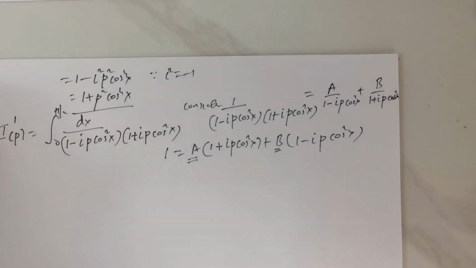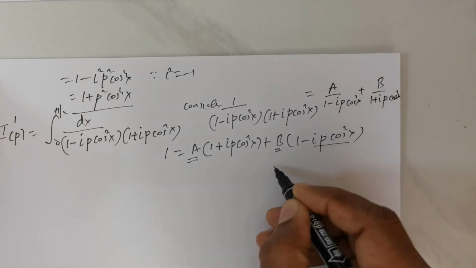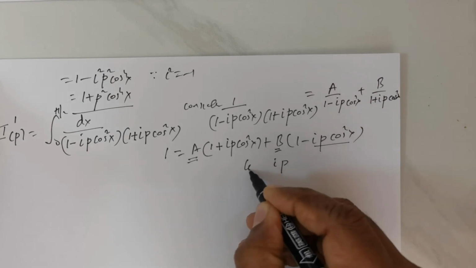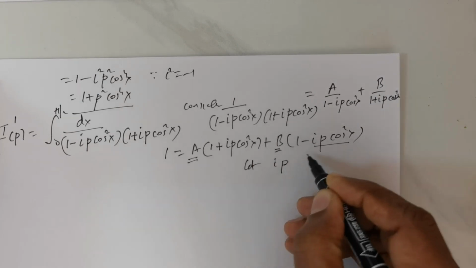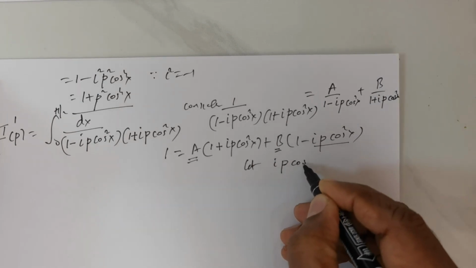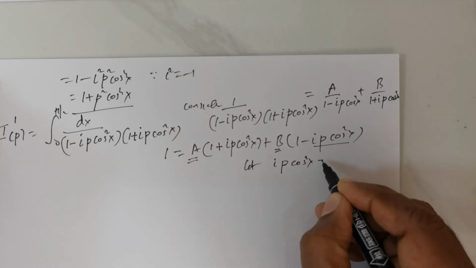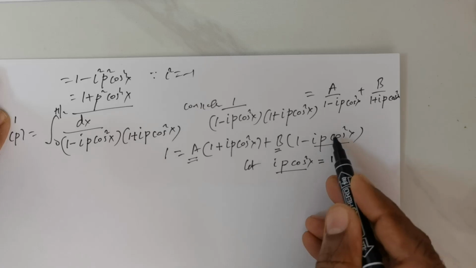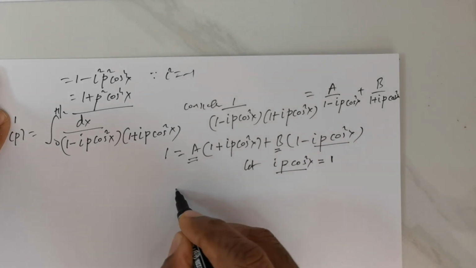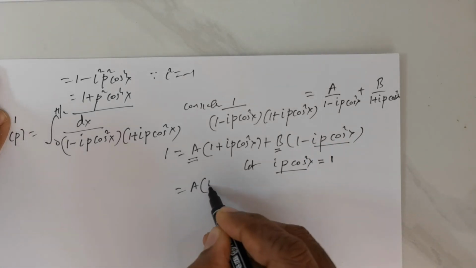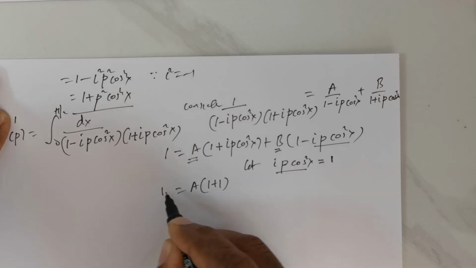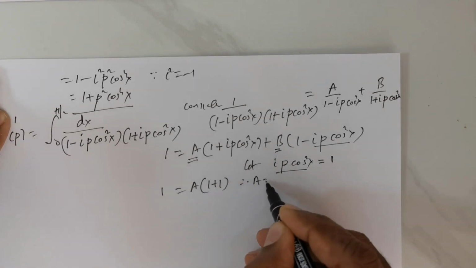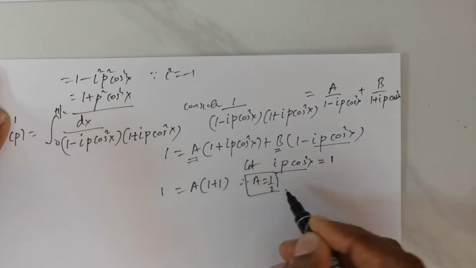So let's do that. So what I will do, I will start with this term. So let I p times cos squared x be equal to 1. So if I were to take this term equal to 1, this one is going to vanish. So I would get a of 1 plus 1. On the left I got 1, so therefore a is equal to 1 over 2.